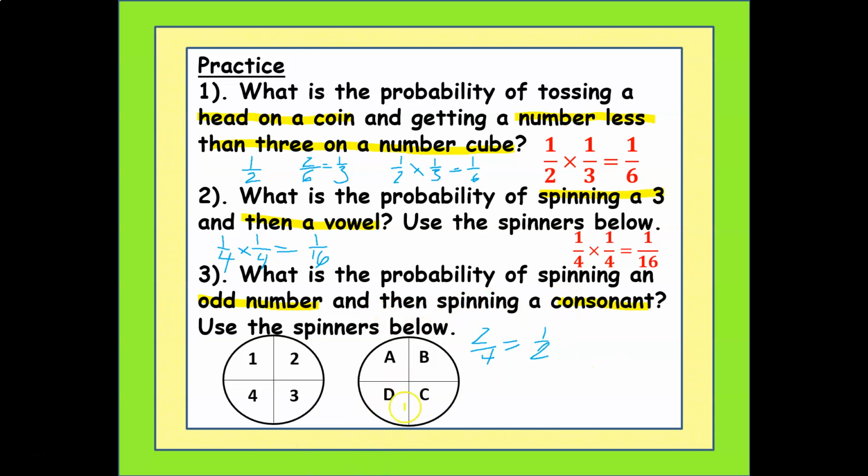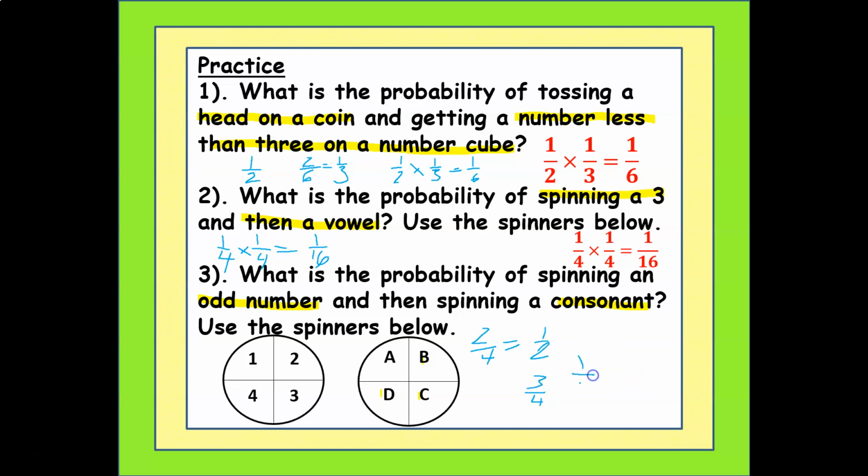So that's the opposite of a vowel. So our consonants are A, B, C, and D. So we have 3 out of 4. And that one's in simplest form.